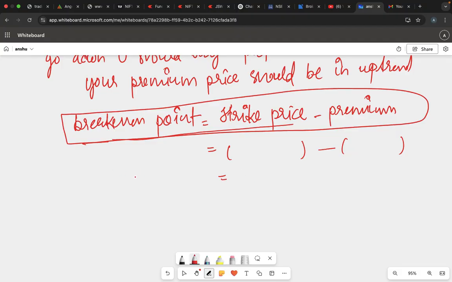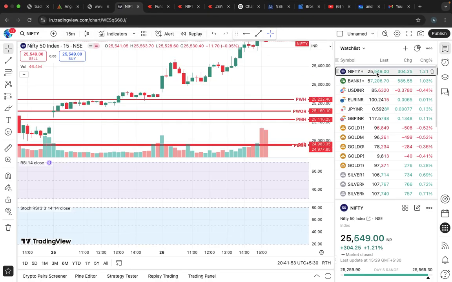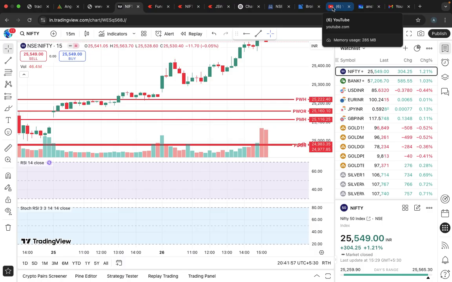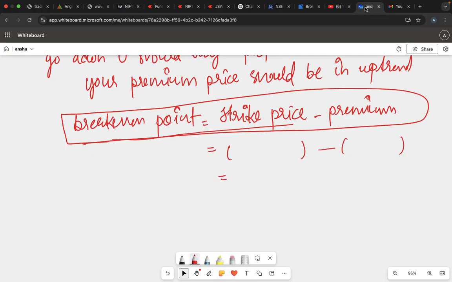Suppose I am giving one example right now. At what level is Nifty trading? Nifty is right now 25550, just take a round figure. This is the strike price and you have paid a premium of, think about, 100 rupees.